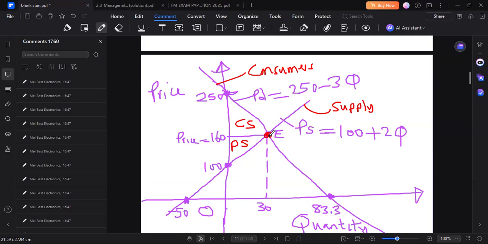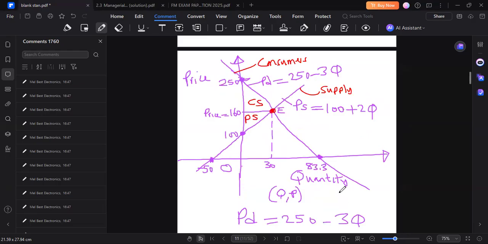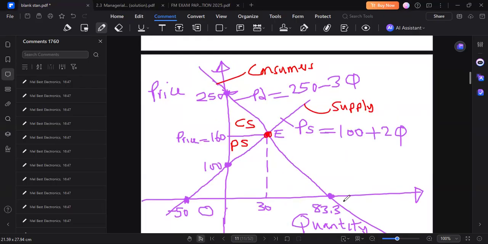So producer surplus is this one, consumer surplus is this one. Is it clear? Have you understood how you have graphed these equations?